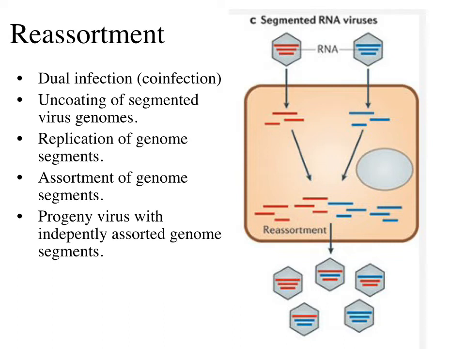Reassortment has been observed in members of all segmented RNA virus families, but it is most prominently described for influenza viruses as a primary mechanism for interspecies transmission and the emergence of pandemic virus strains.